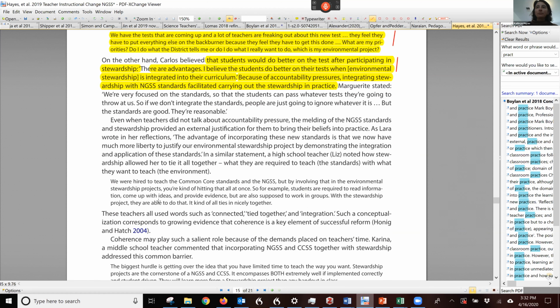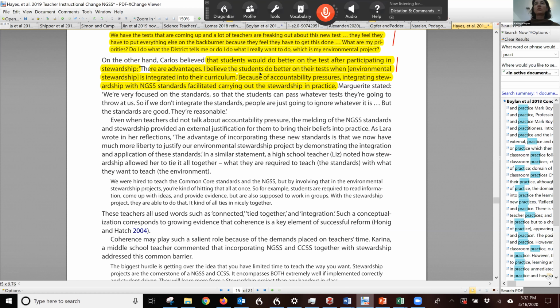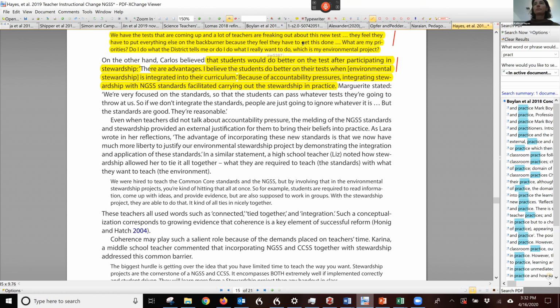So for example, I'm going to choose a different tool here so I can highlight for you. Here I've got a claim: even when teachers did not talk about accountability pressure, the melding of NGSS standards and stewardship was an external justification.